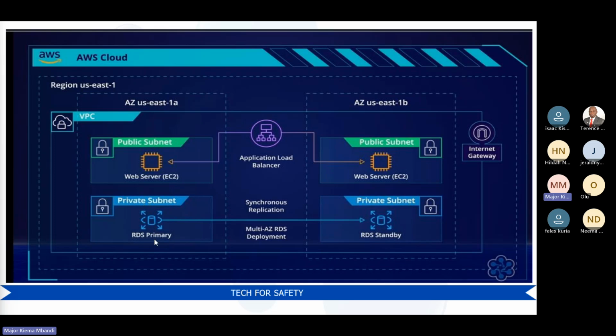So you can have the DB running in the primary availability zone. We normally call it the primary. It will be the one now serving traffic. And then you'll have an RDS standby in the second availability zone. So if an outage happens, as initially like availability zone 1A is affected, still traffic will be served using resources in availability zone 1B.